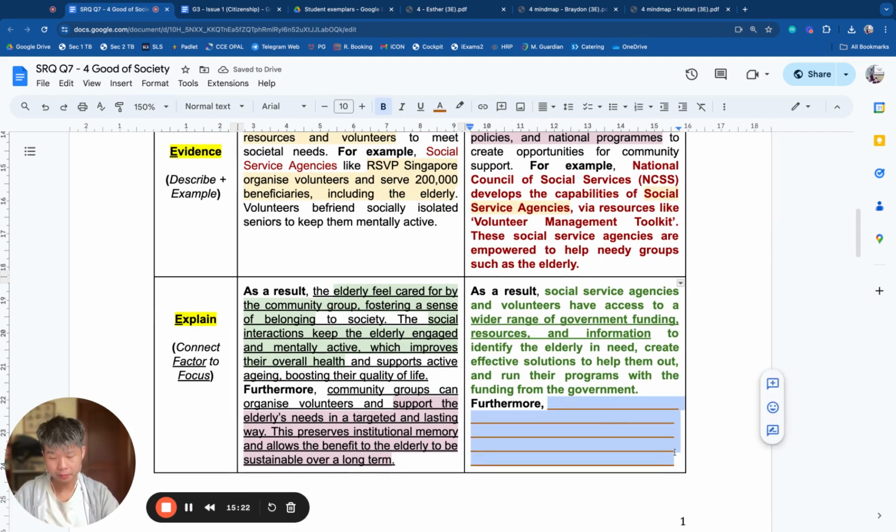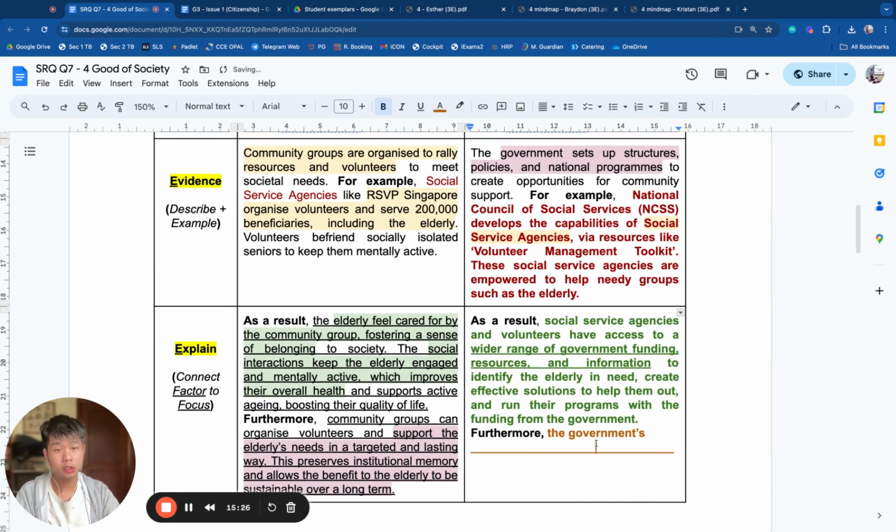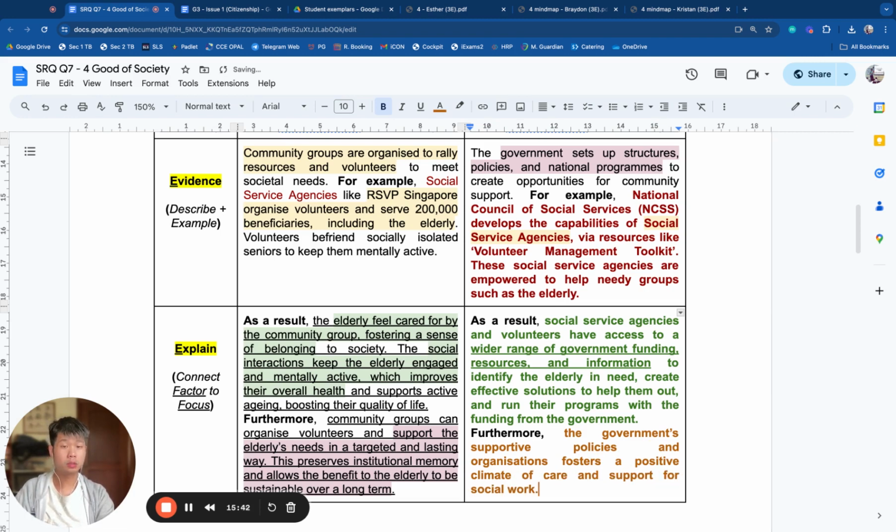Furthermore, the government's supportive policies and organization foster a positive climate of care and support for social work.